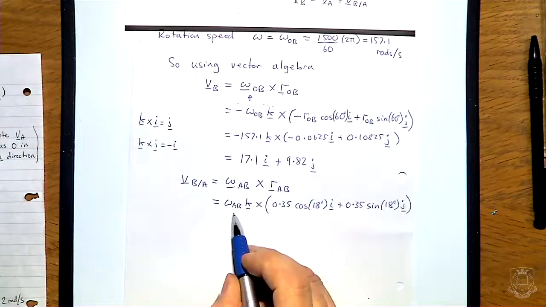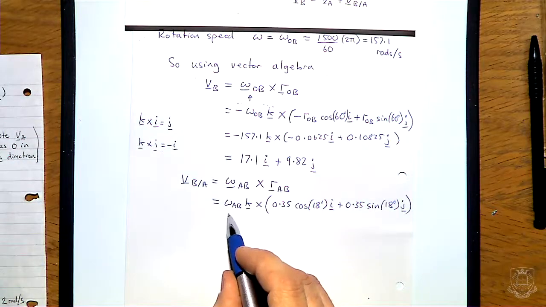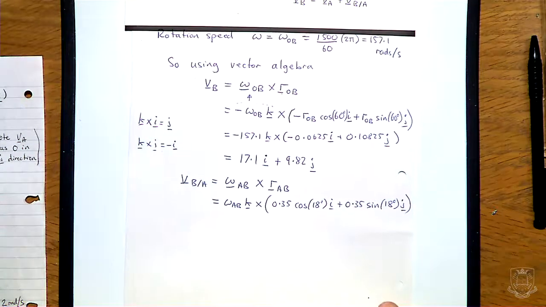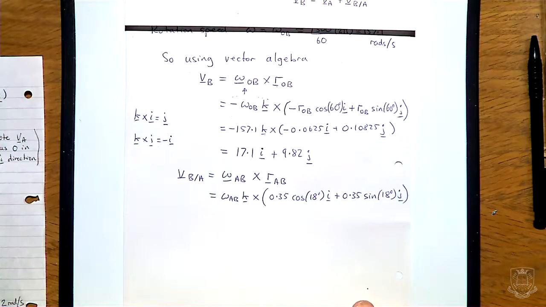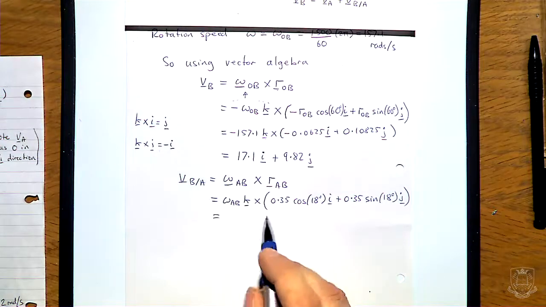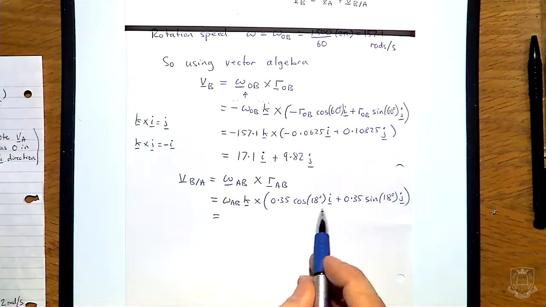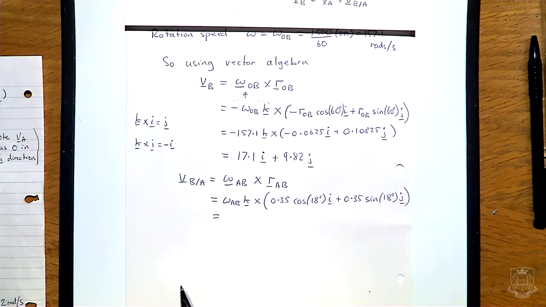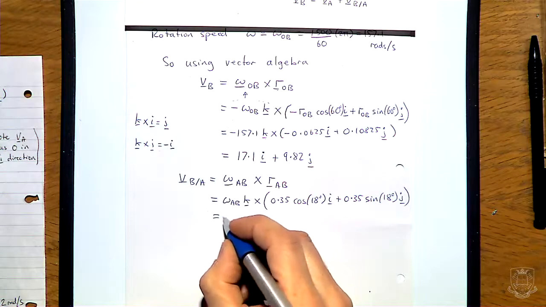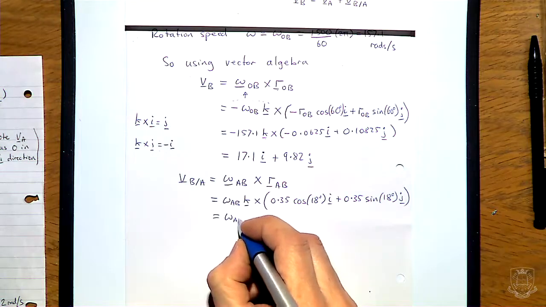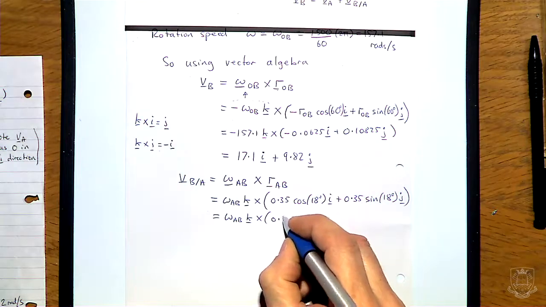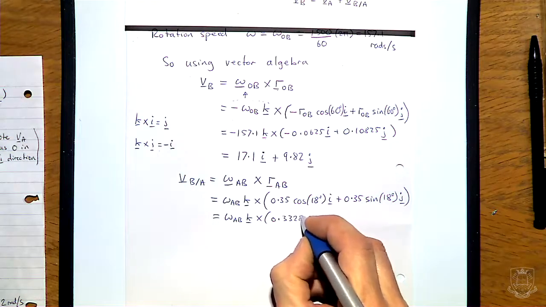So I've got an unknown here, which is the omega AB, and for now I'm just going to leave that as an unknown. I'm going to solve for that in a moment. So I'm going to multiply this out, again remembering that when I multiply k and i and k and j, I'll get some new quantities, won't I? We do it in two steps. First of all, let's simplify this expression down to some numbers. So I think we get something like this.